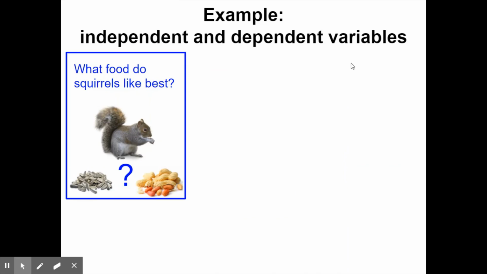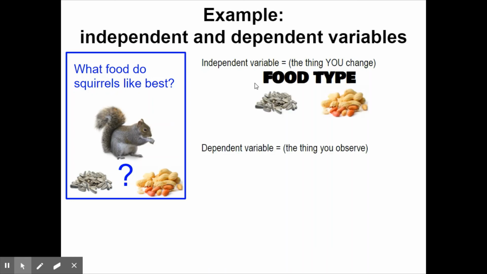So for example, in our little hypothetical squirrel experiment, what food do squirrels like best? The independent variable for that, the thing that you change, think about what that is for a second, and I'll give you a second to think about that. So what is that? That is the food type. The independent variable, the thing that is different, is you're offering this thing and you're offering this thing: sunflower seeds and peanuts.